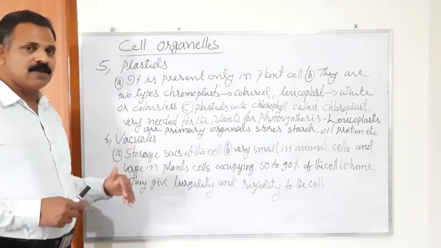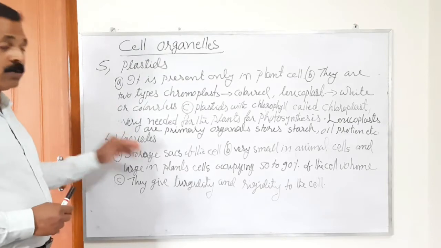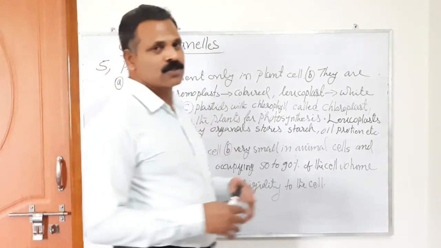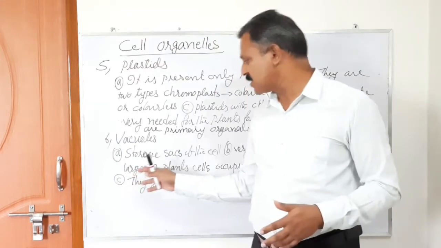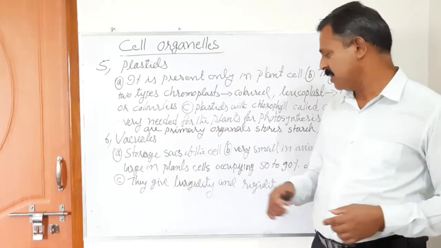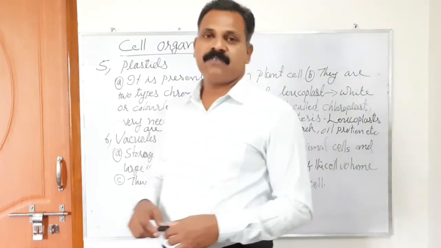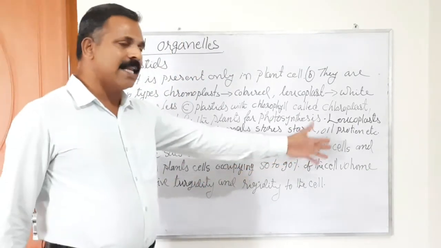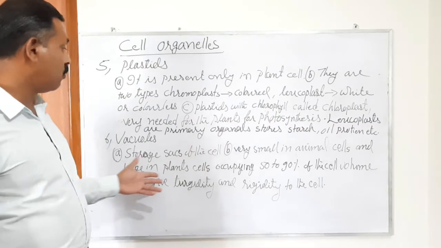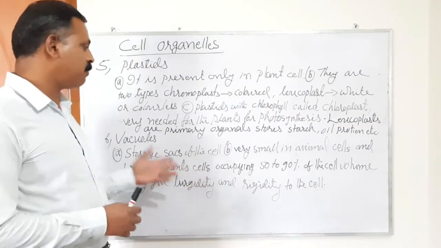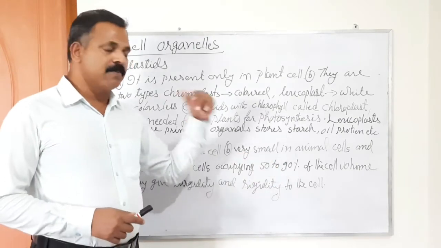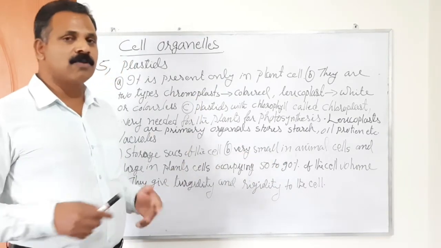And the last organelle of the cell is the vacuole. So the vacuole is the real storage home, the storage sacs of the cell. They are very small in animal cells and large or big in size in plant cells. In plants they occupy 50 to 90% of the total volume of the cell.